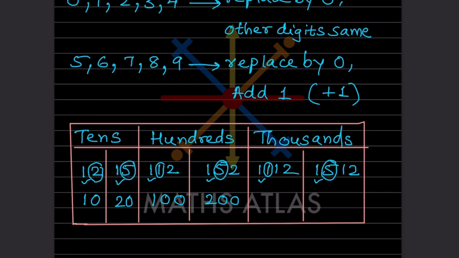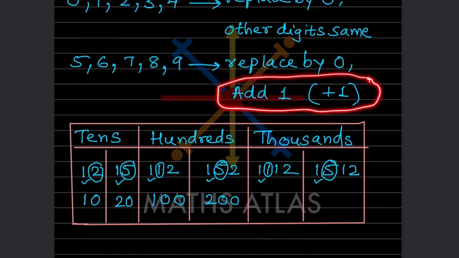Now what you have to remember here: whenever it is 5 or more than 5, up to 9, any of the digits, you have to replace the ones part by 0. But what are we going to do simultaneously? This is the tens place, and you are going to add 1 to it. So 1 becomes 2. So what did I write here?